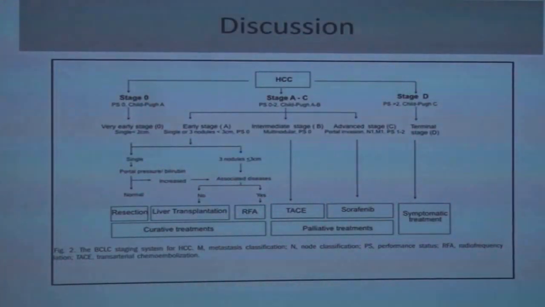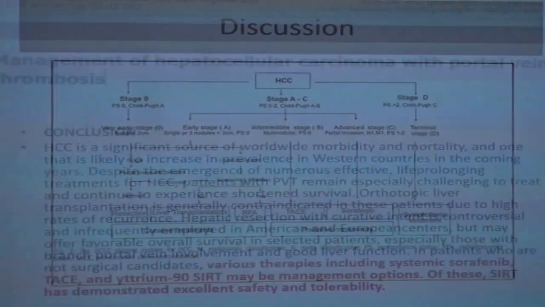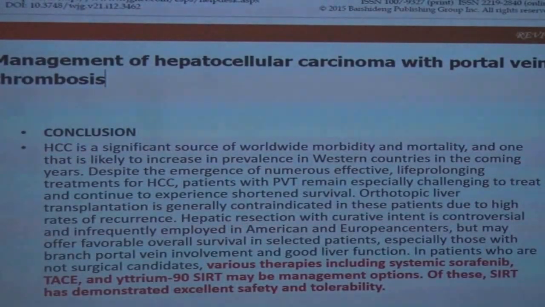In my discussion, when a patient has portal invasion, we have to go for sorafenib, but multiple studies suggest other management. This paper, published in the World Journal of Gastroenterology in 2015, suggests that multiple options are there, but yttrium-90 is the best and demonstrated good tolerability.